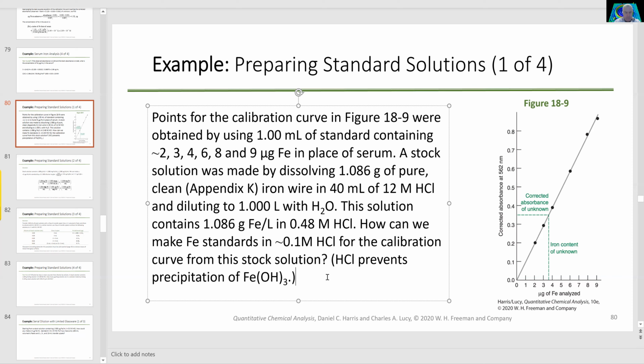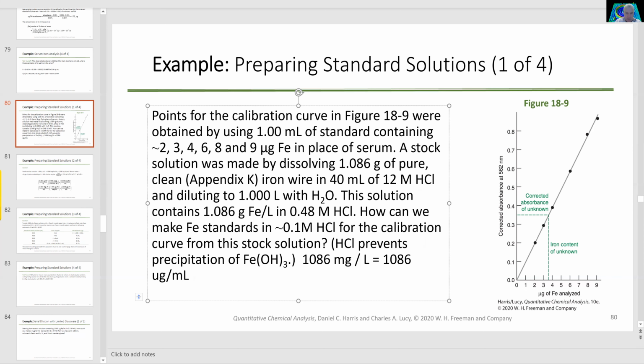So milligrams per liter and micrograms per mil are the same unit. These are all parts per million.